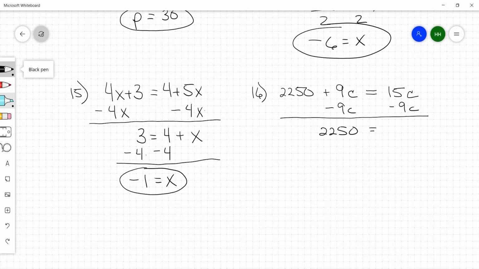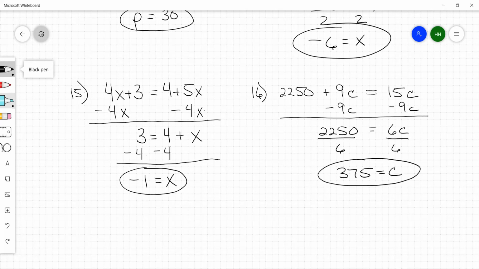You got to find your break-even point first. So 15 minus 9 is 6C. So 2250 divided by 6, 375. We're going to divide each side by 6. So 375 equals C. They got to sell 375 cameras to break even in one day.